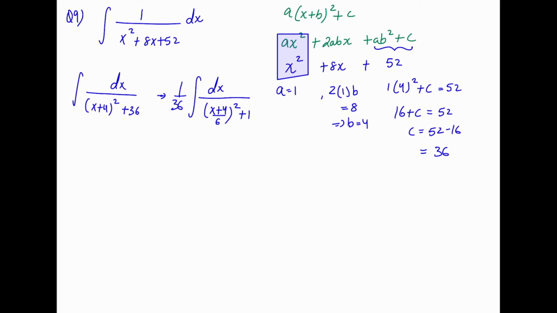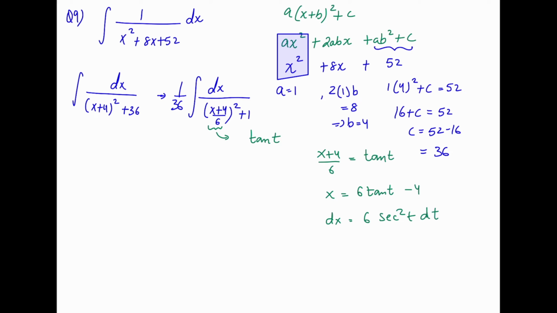And now I want this inside part to be the one that we haven't seen yet, tan t. Okay? So when you do that as tan t, you have x plus 4 divided by 6 equals tan t. Hence x equals 6 tan t minus 4. So dx will be equal to 6 secant squared t dt. Okay?